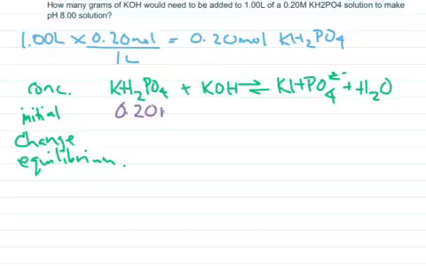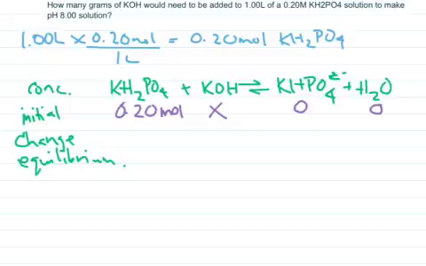For this point, we're just going to leave it in moles because we don't need the concentration anymore. We know that we started with something for KOH because we were asked how many grams we used. And the KHPO4 2-, we didn't start with anything, same with the water.